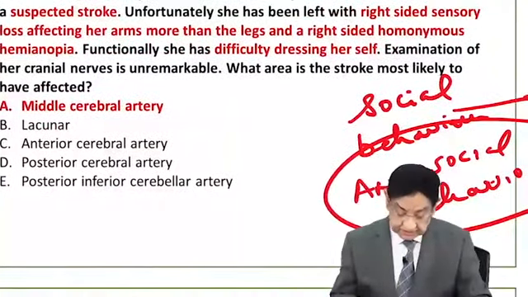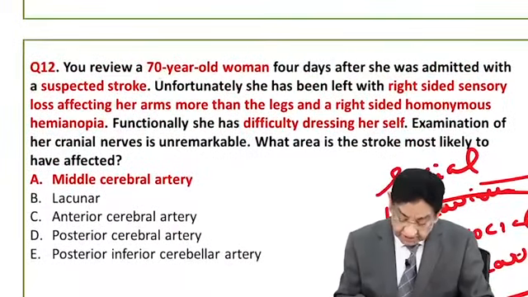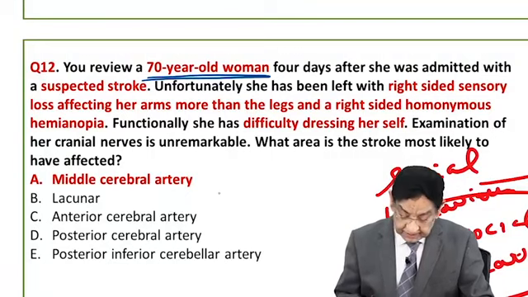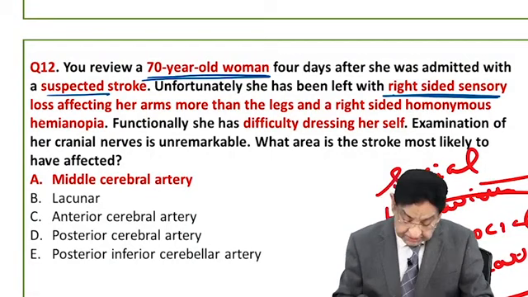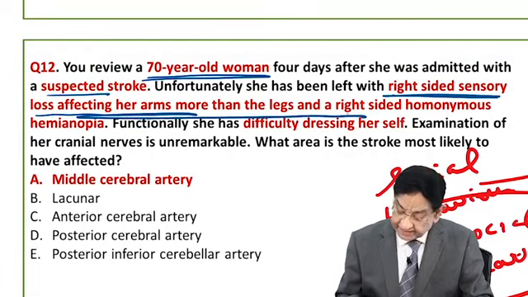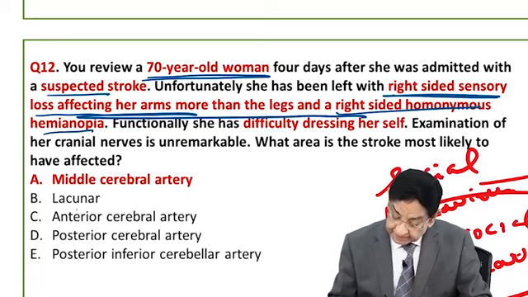So friends, we are getting a patient, a 70-year-old woman, stroke, right-sided sensory loss, arm more than the leg, and right-sided homonymous hemianopia.